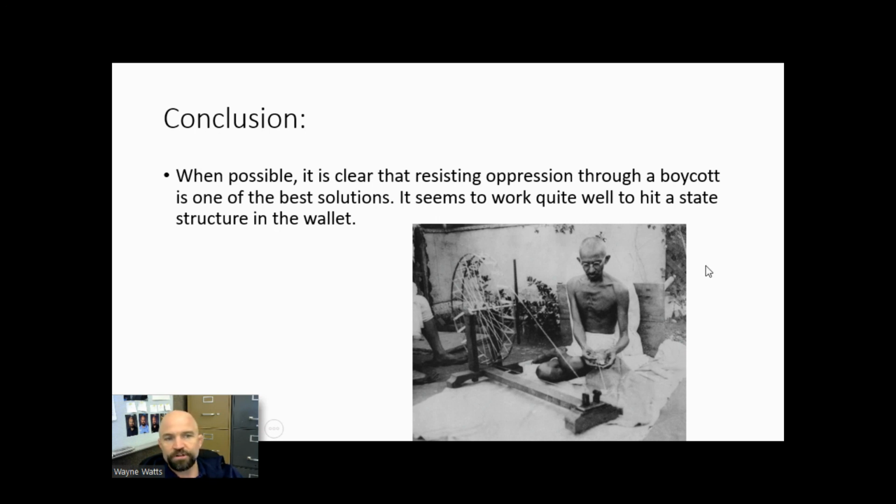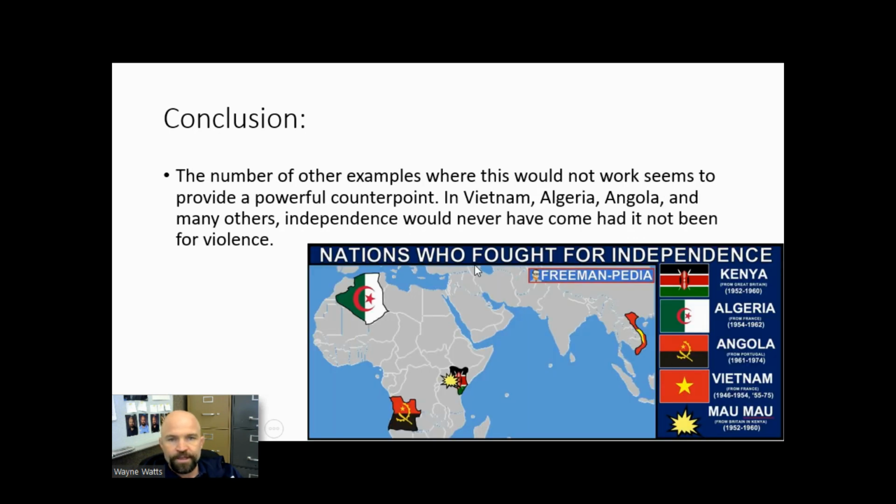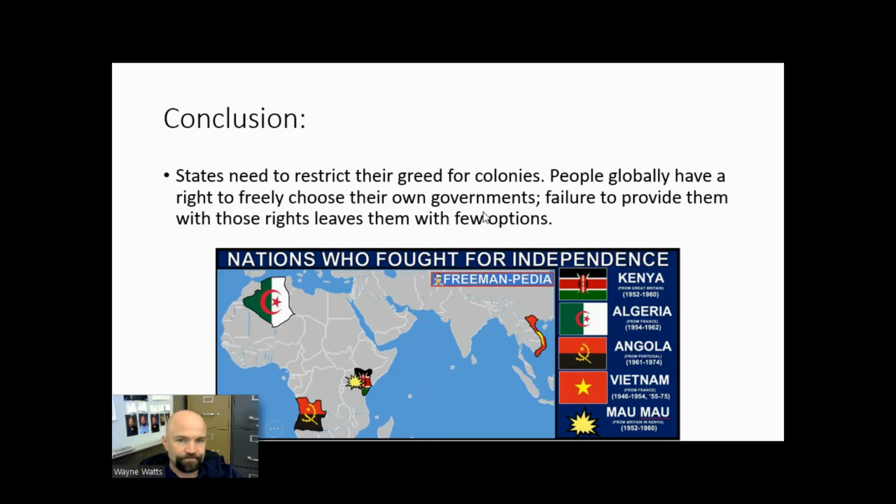It seems to work quite well to hit a state structure in the wallet, which is what Gandhi had in mind when he was making his own clothing. The number of other examples where this would not work seems to provide a powerful counterpoint. In Vietnam, Algeria, Angola, and many others, independence would never have come had it not been for violence.